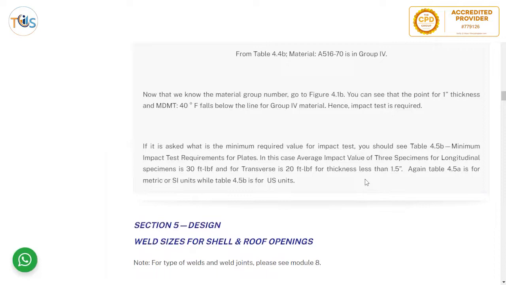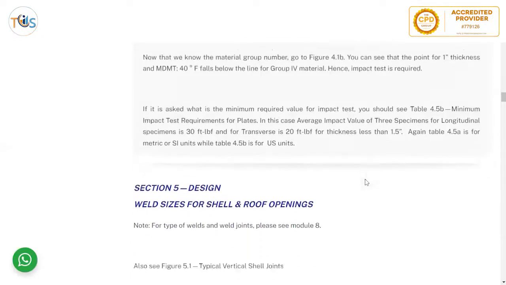In this case, the average impact value of 3 specimens for longitudinal specimen is 30 foot-pound, and for transverse is 20 for thickness less than 1.5 inch. Again, table 4.5a is for metric or SI units, while table 4.5b is for US units.